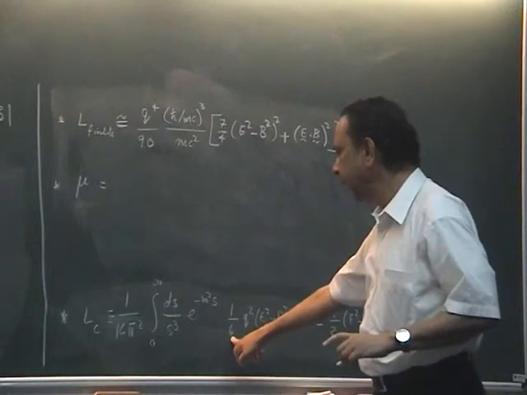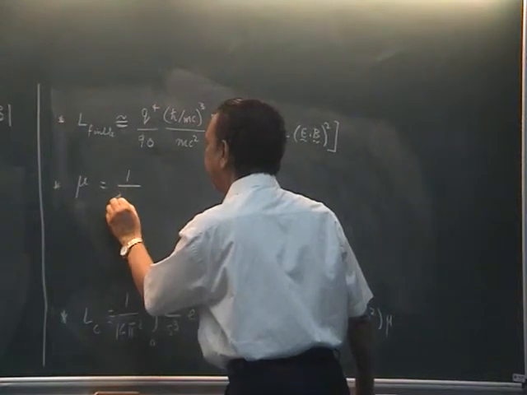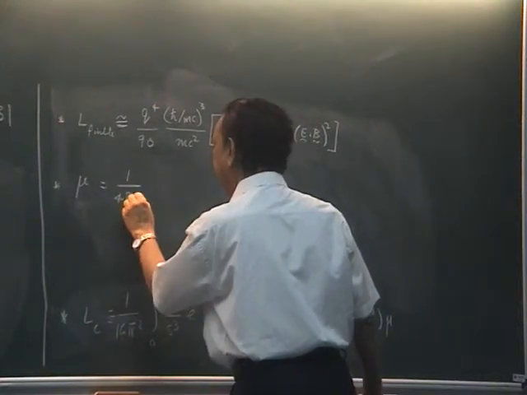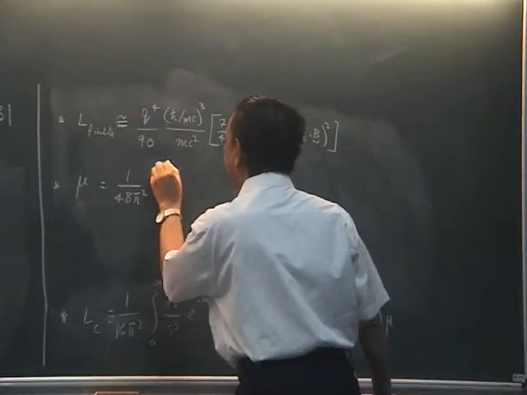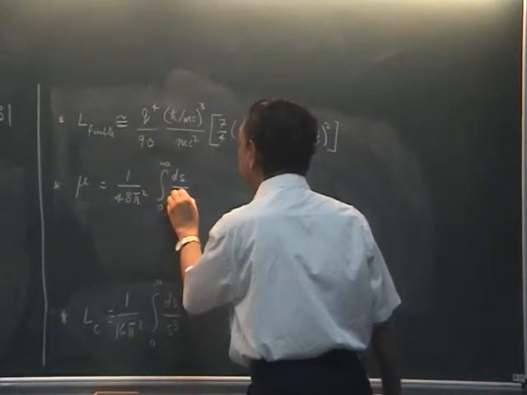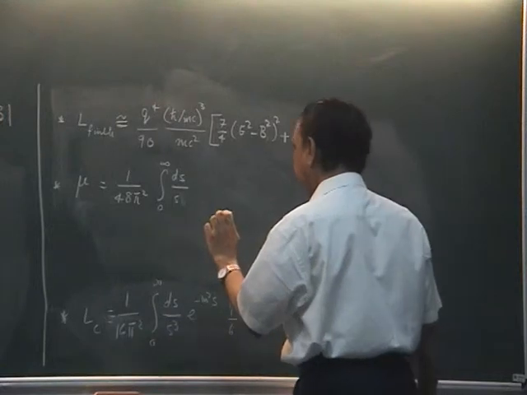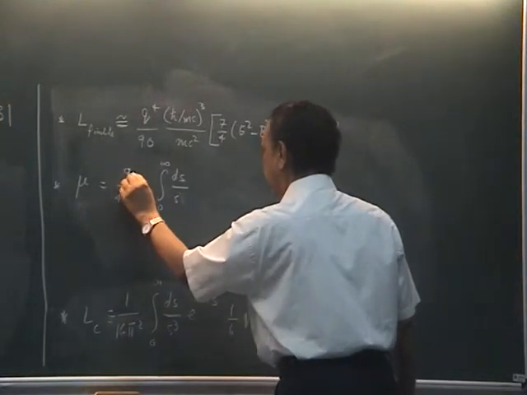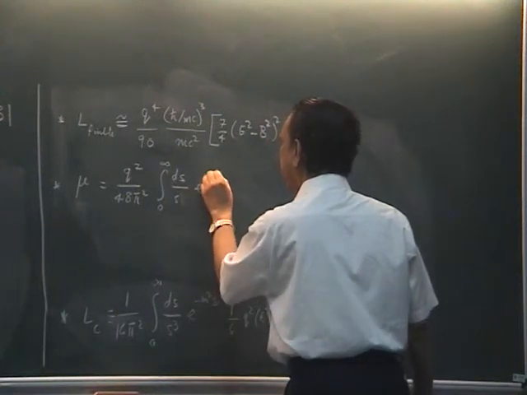So there is a 3 times 16, which is 1 over 48 pi square, integral 0 to infinity ds over s cube, then an s square, so that makes it Q square e to the minus m square.